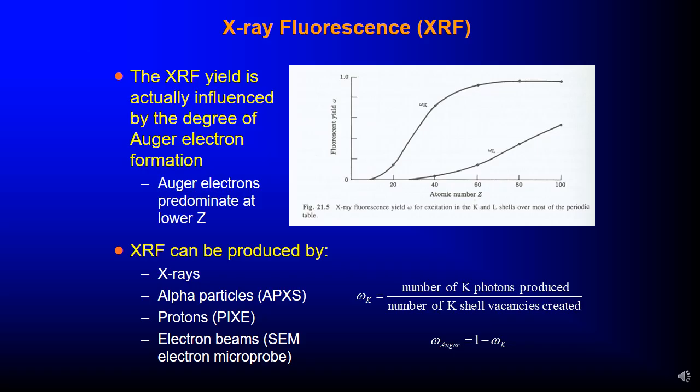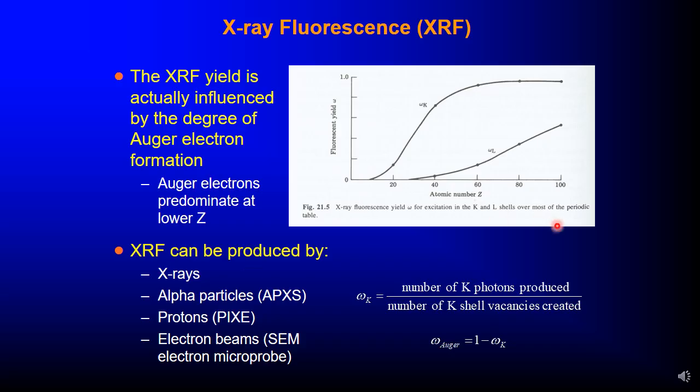So X-ray fluorescence yield is actually influenced by the degree of Auger electron formation. Auger electrons predominate at lower Z. So when we hear the words lower Z, it is when the atomic number is low.